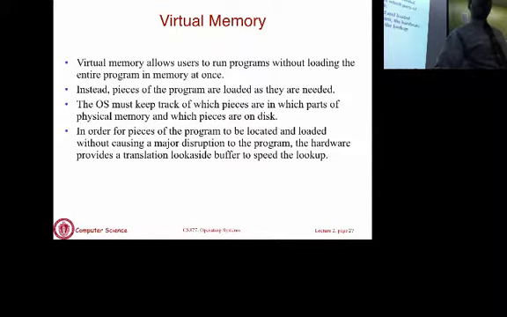Virtual memory: I already talked about memory management, and there was a question about page tables. When the OS manages memory, it needs special hardware support. We already looked at base and limit registers, which are just one example of hardware support. There are other data structures called page tables that generalize the concept of base and limit registers.